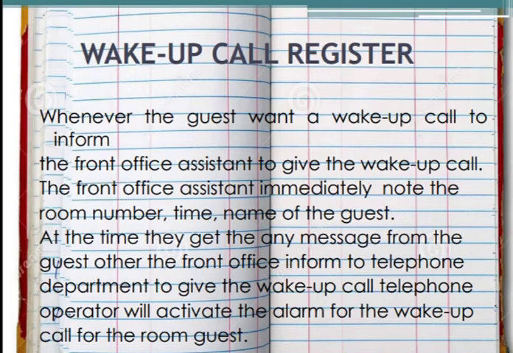This particular entry will go under the wake up call register. Whenever the guest wants a wake up call, he informs the front office assistant, who immediately notes that particular room number, time, and name of the guest in the wake up call register.